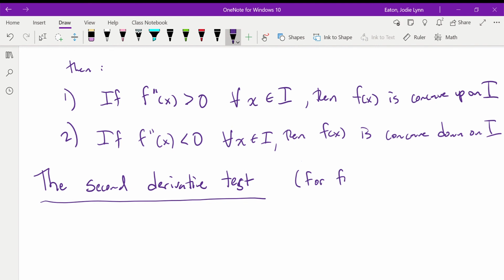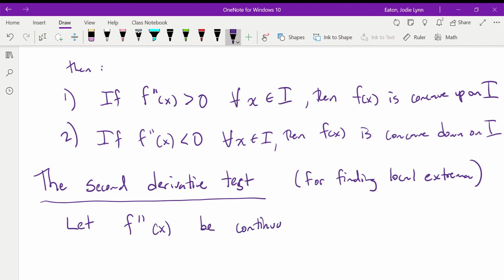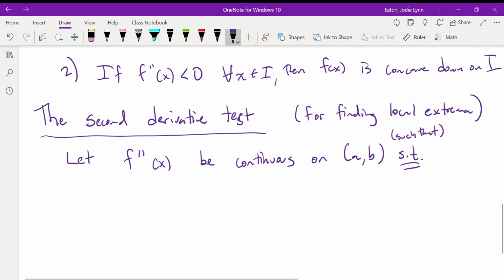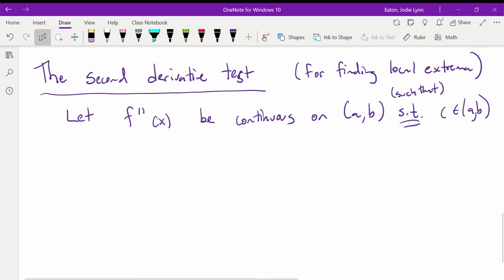Okay, so for finding local extrema, let f double prime of x be continuous on (a, b) such that, and you'll see that abbreviation for "such that" probably from math professors, c is in (a, b). So you have some c, an element of this open interval.